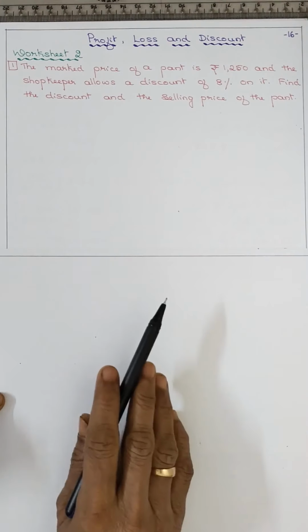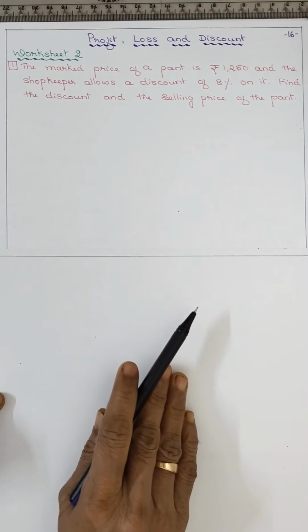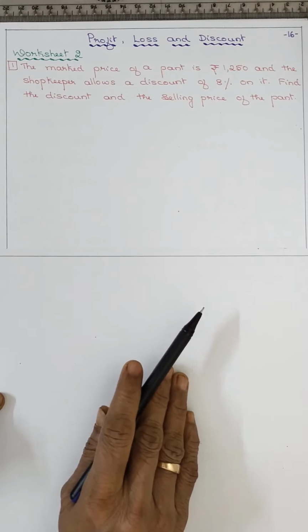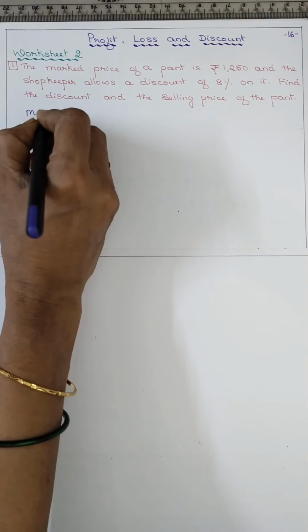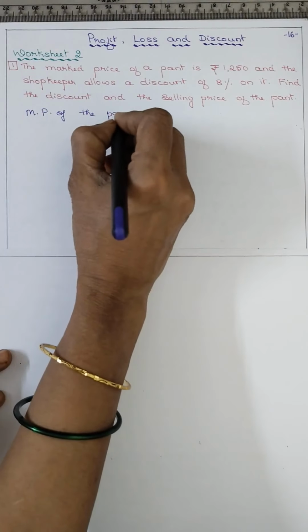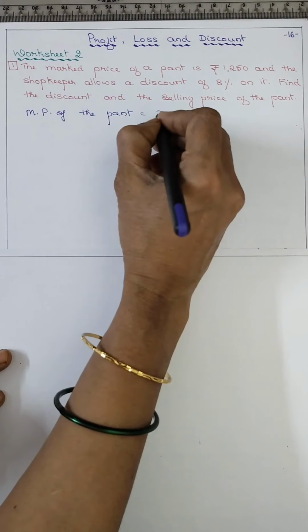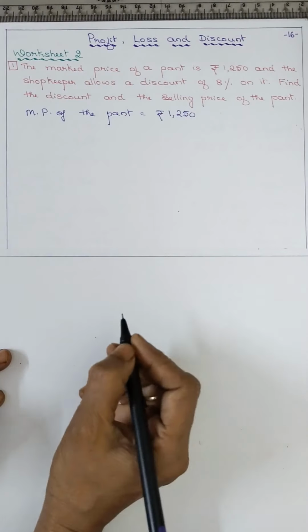So, this worksheet is regarding marked price, selling price, discount, isn't it? So, marked price is given, that is MP of the pant is equal to rupees 1250.